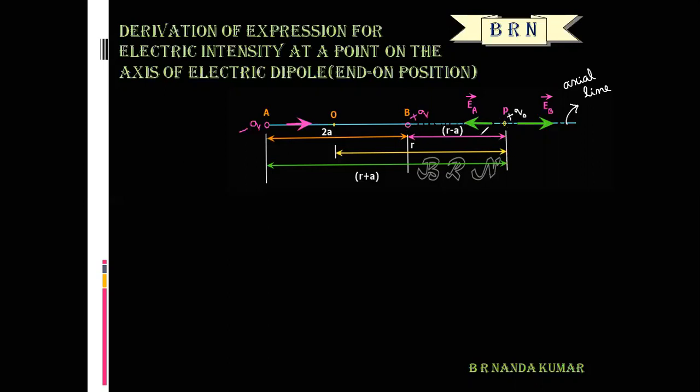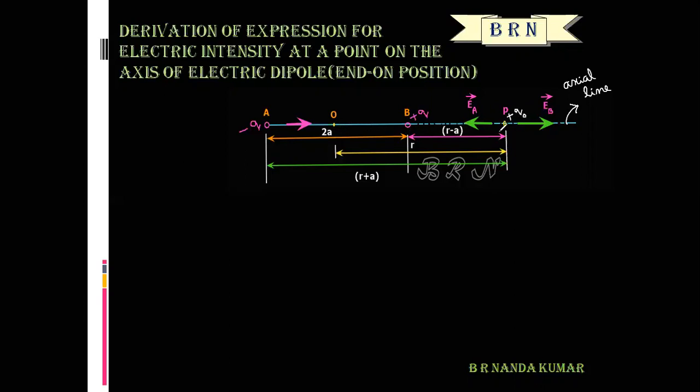P to B is r minus a, and the distance from P to A is r plus a, because PA is PO plus OA, PO is r, OA is a, and OB is also a, right? So r is the distance from the observation point to the midpoint of the electric dipole.